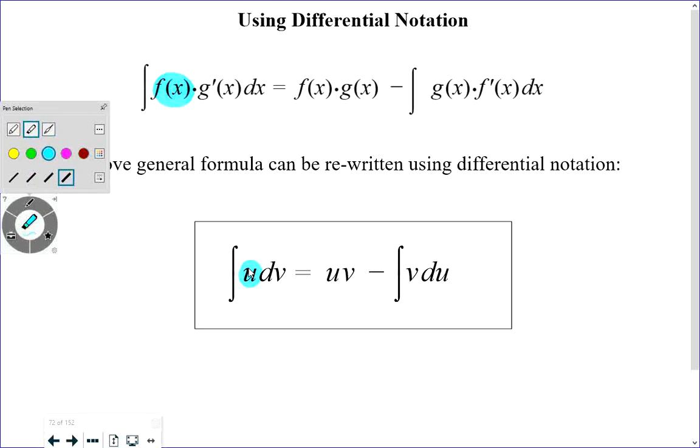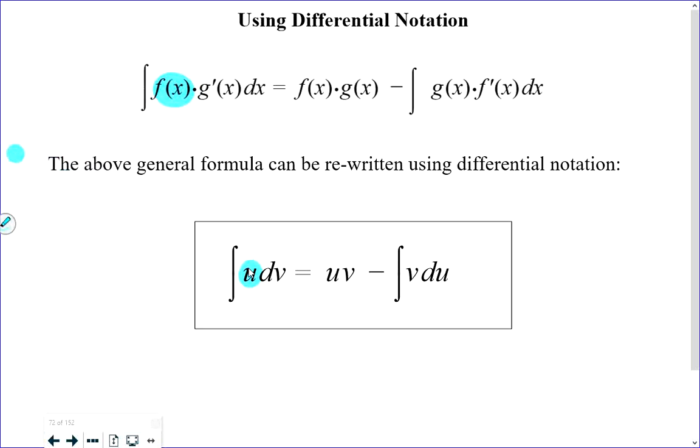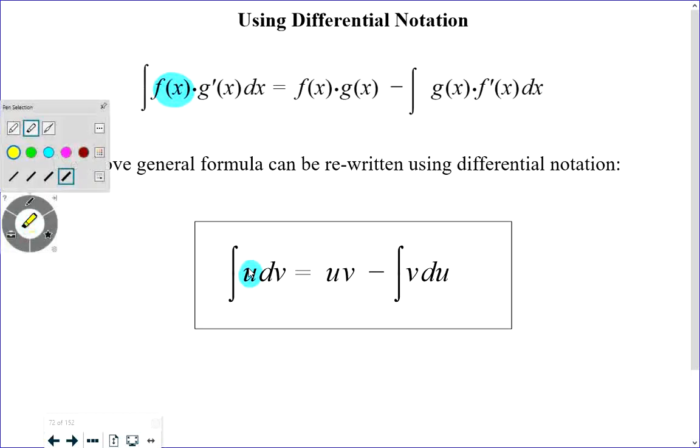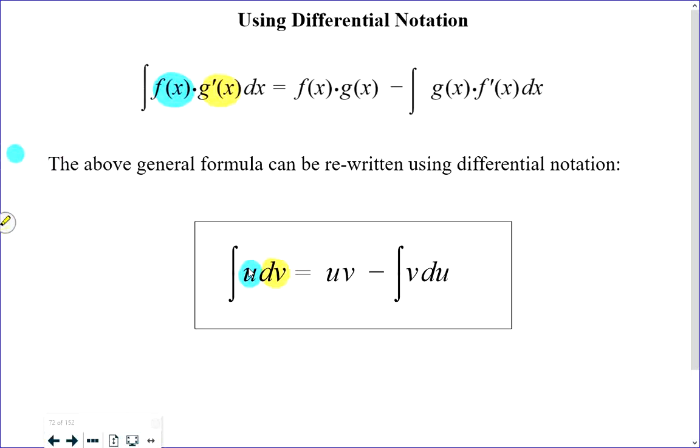It's the thing we choose and then differentiate. Whereas dv in this notation is g prime of x. And you'll see in a minute here why it's very useful to use this notation. But dv is simply the thing that you're choosing in the original integrand that you anti-differentiate to get v.